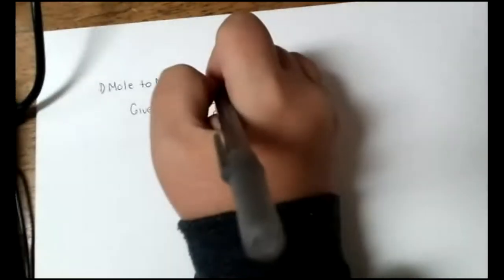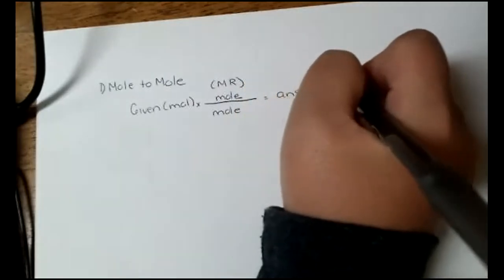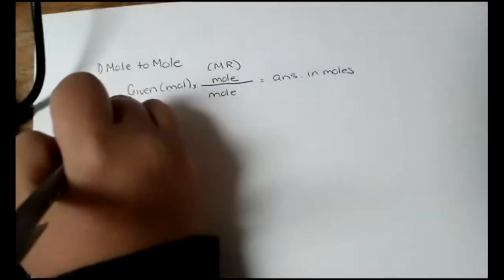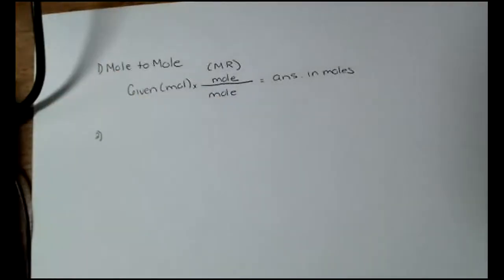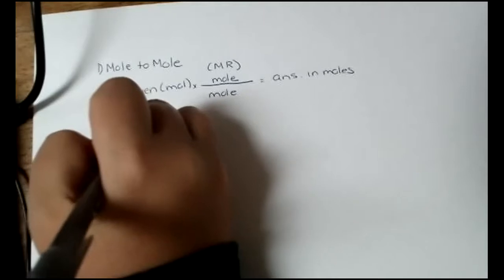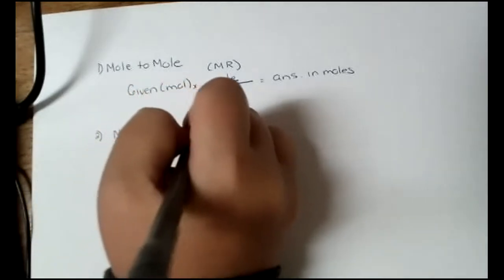Okay, so this is your mole ratio. And then that gives you your answer in moles. Okay, so for this one, we started with moles and went to grams. So this is what we call a moles to grams problem.